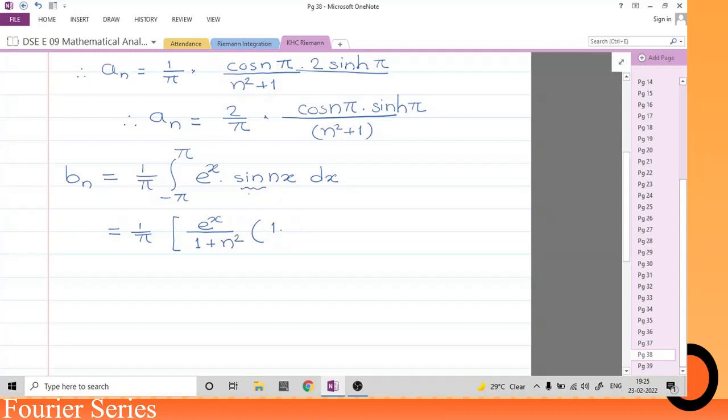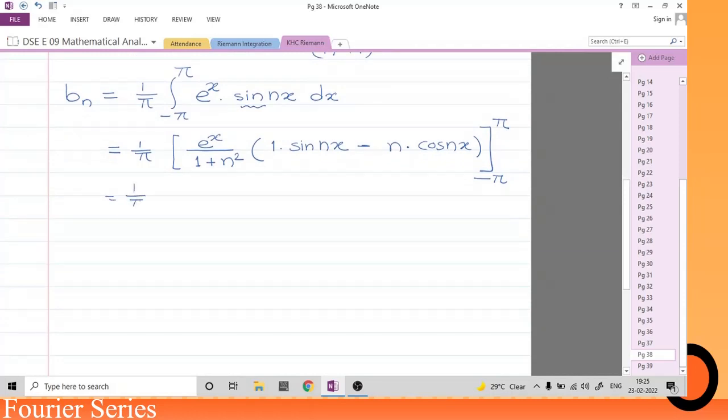The integrand contains a sine term, so first sine nx, and then cos nx. Okay, a into sine nx. For sine the middle sign is negative, minus b, where b is equal to n. This is it. Now let us put the upper and lower limit.